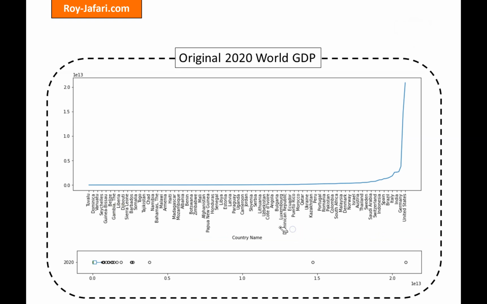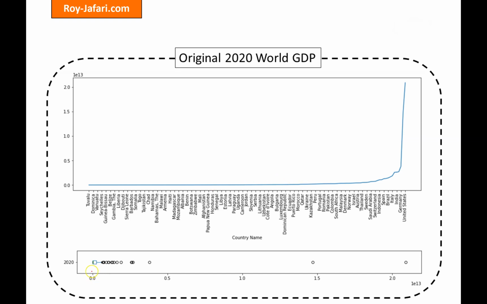On the bottom you can see the box plot that shows the differences and the summary of this attribute. So we can see that there is exponential growth.